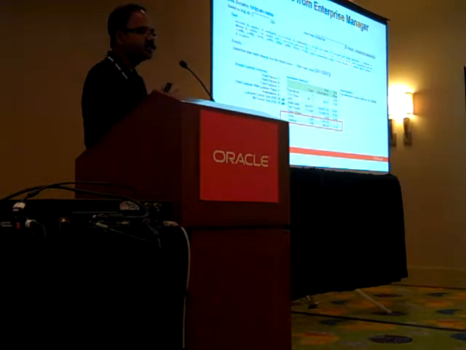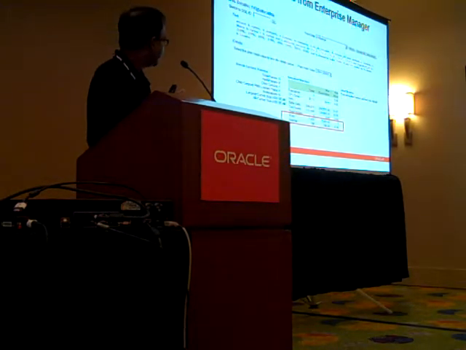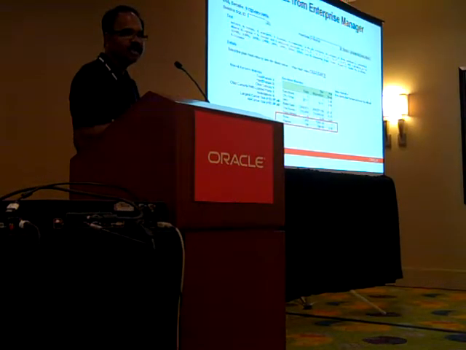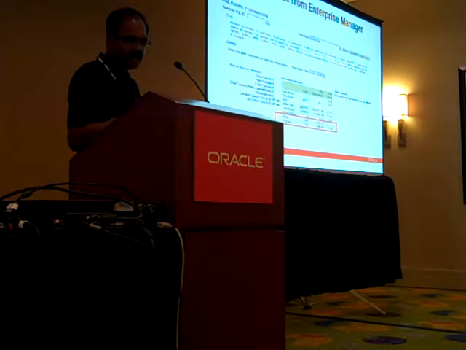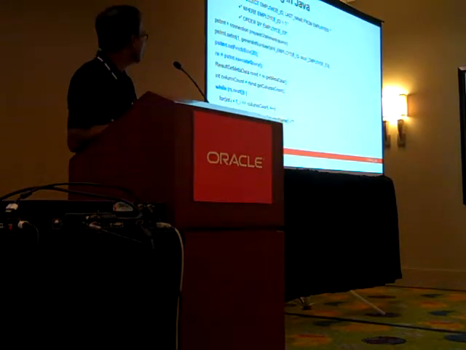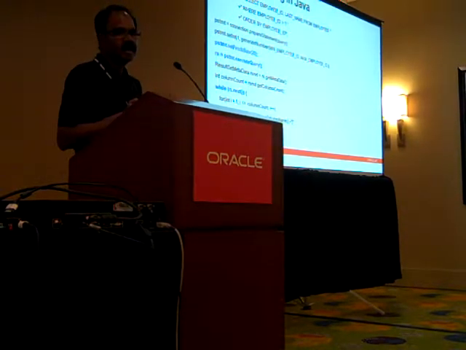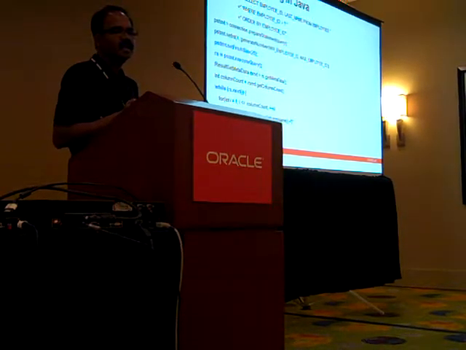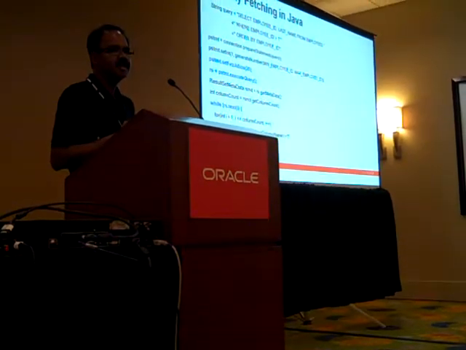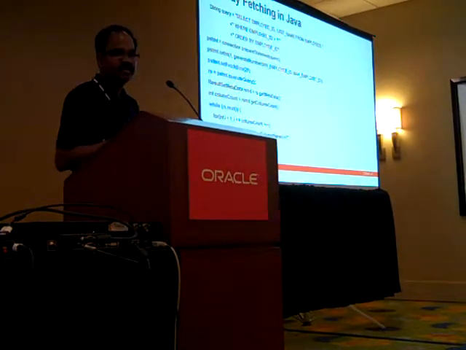So there are about 10 rows being fetched on every fetch. By increasing it by a factor of 10, you can cut down on the round trips significantly. So that's the recommendation: look at the AWR statistics, and if you're seeing that you're doing a number of fetches, but the number of rows you're fetching is limited, then you want to use array fetching.